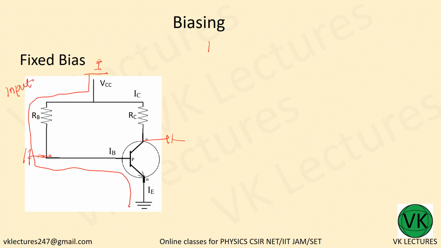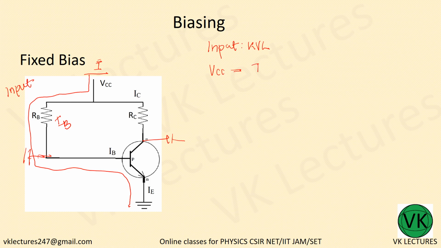Now let us apply Kirchhoff voltage law, input KVL. So what you have, VCC equal to, now once it moves through this side, you get IB here. IB is the current passing through this base.